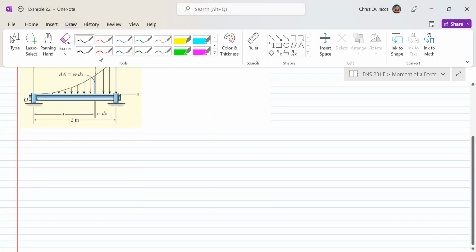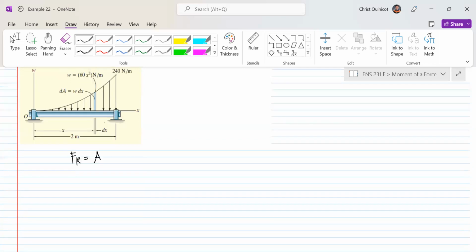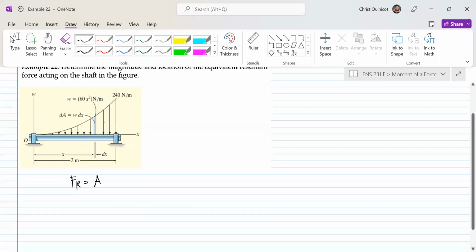So we already know, based on the video on force system resultant, reduction of distributed loading, that the magnitude of our resultant force is equal to the area. But of course, provided that our area is represented by a uniform load, but here in our example, it is varying.